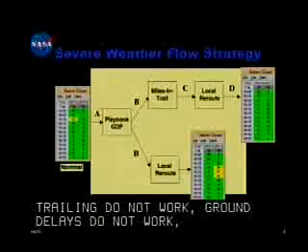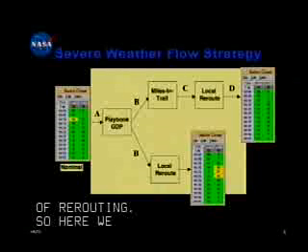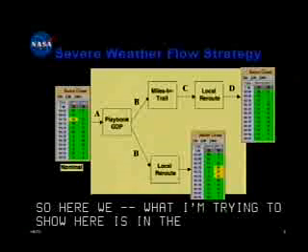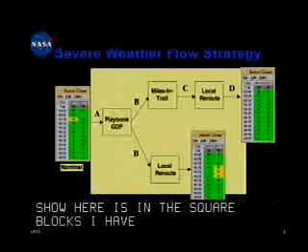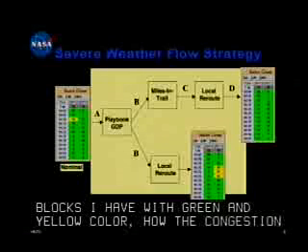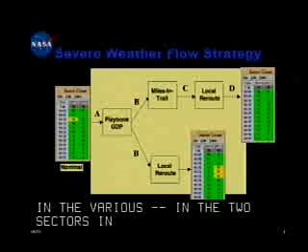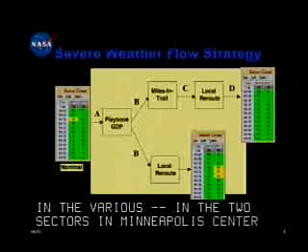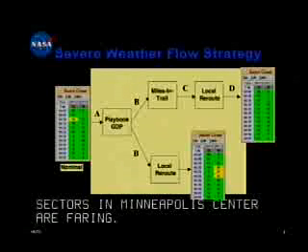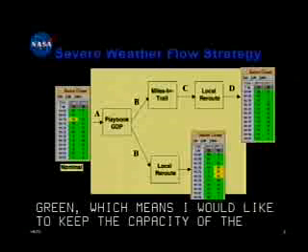So here, in the square blocks with the green and yellow color, I'm showing how the congestion in the two sectors in Minneapolis center is faring. I would like to see them all green, which means I would like to keep the capacity of the sectors below a safe region.